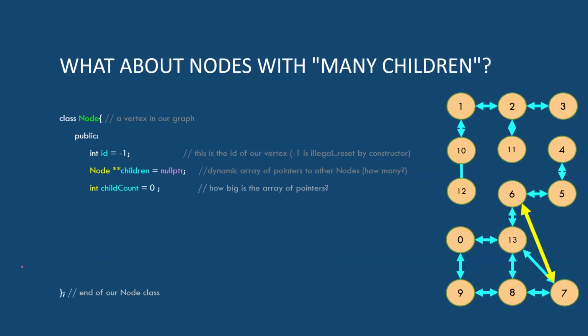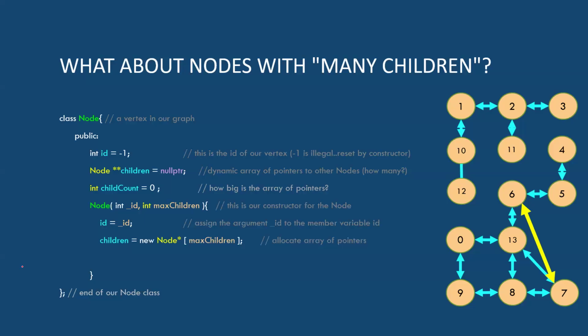So instead of just having two children like a binary search tree, I could have a variable number of children. And I would have to create that array for every node and then connect it up via pointers. And we'd have to do that with a little bit more code than you see here.